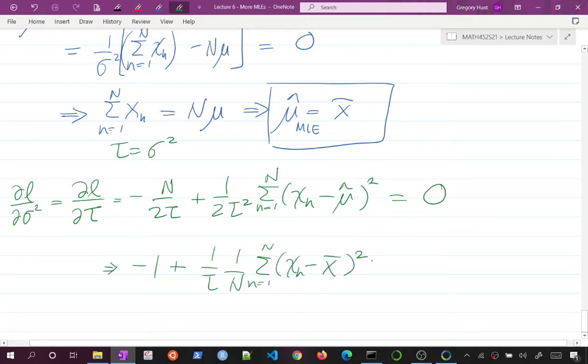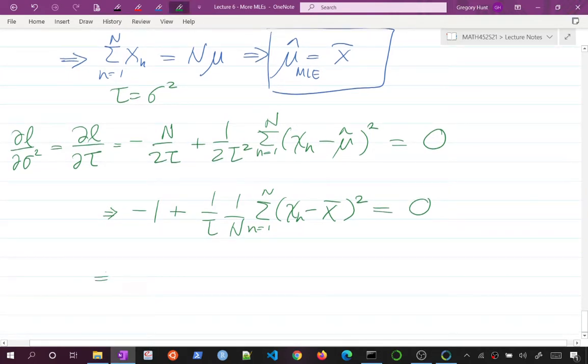Mu hat we call x bar. That seems correct. And now we just solve for tau. I move the 1 over, I multiply by tau. Tau, which is really sigma squared, we're just renaming it to keep ourselves from being confused, has the following form.